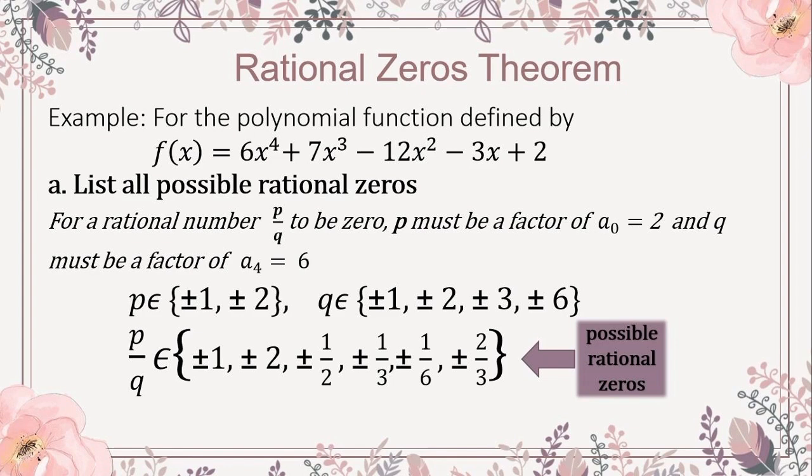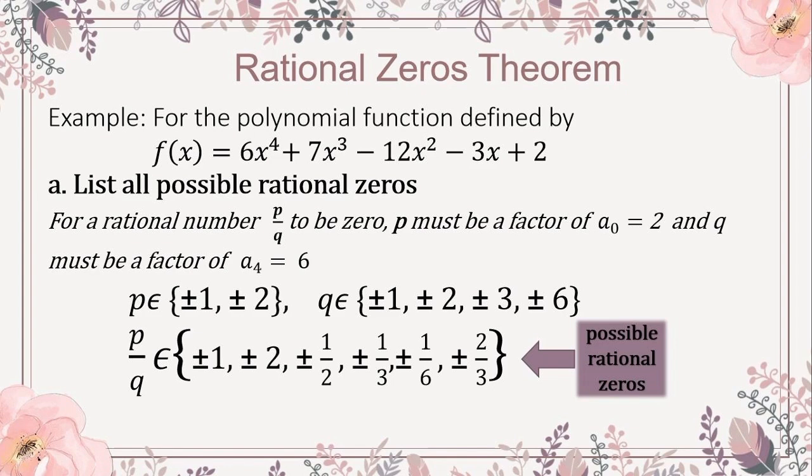Positive or negative 1 and positive or negative 2 are the factors of 2. We get these by finding the factors of 2, or thinking of pairs of numbers that multiply to 2. There is only 1 and 2, so positive or negative 1 and positive or negative 2.